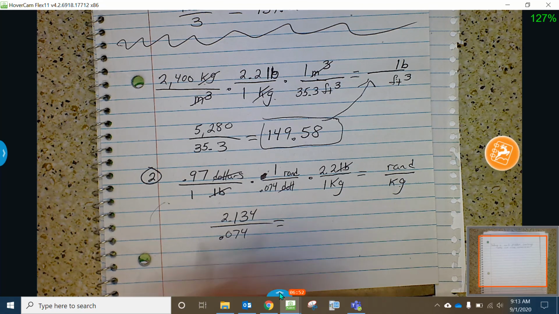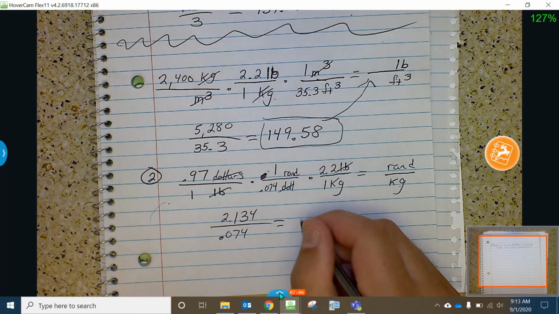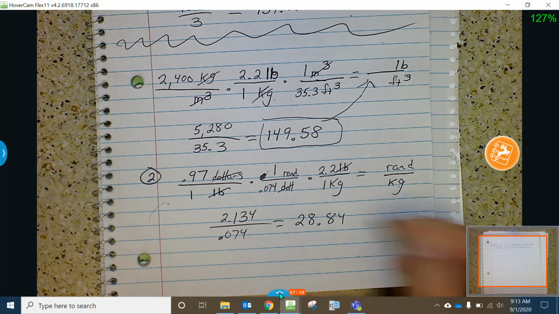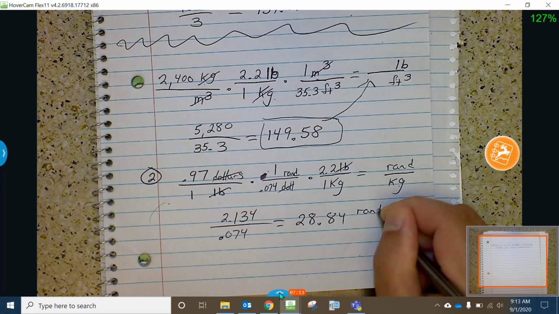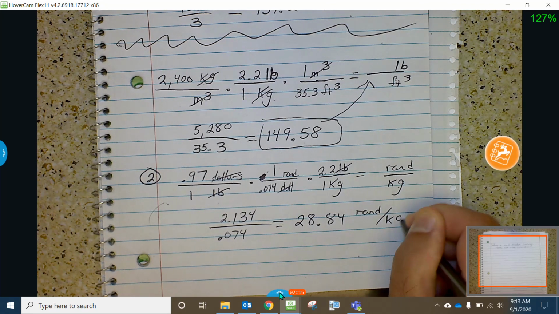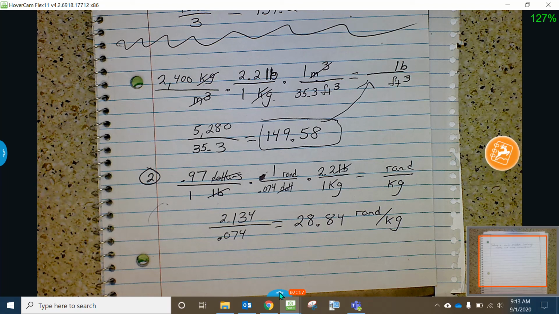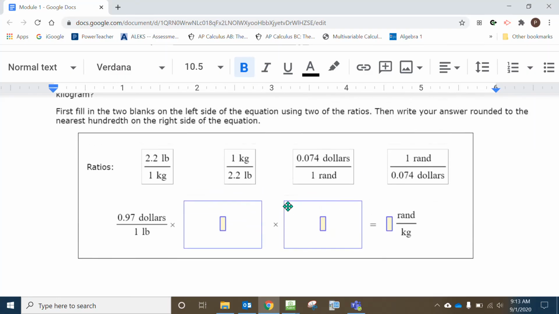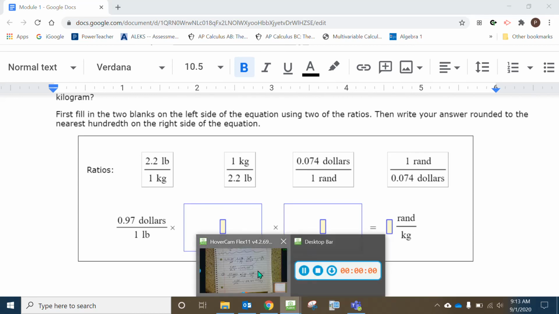I'm going to divide that out. So 215.134 divided by 0.074 is about 2,907.22 rand per kilogram. Okay. That completes this section.